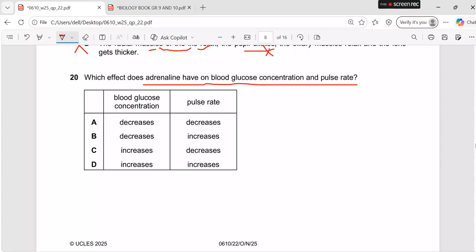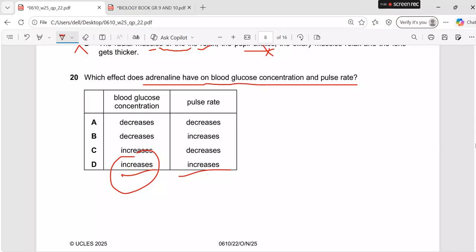For this question, I'm just going very direct because it's a very easy question. So blood glucose concentration increases and pulse rate increases. Why does blood glucose concentration get increased? Because it has to supply a lot of glucose to produce a lot of energy, either to fight or to run away from there.